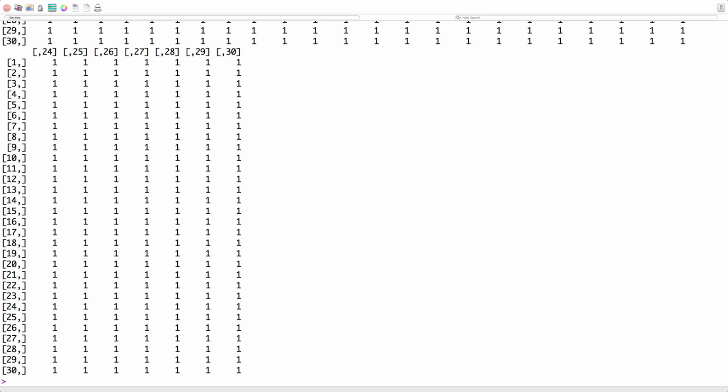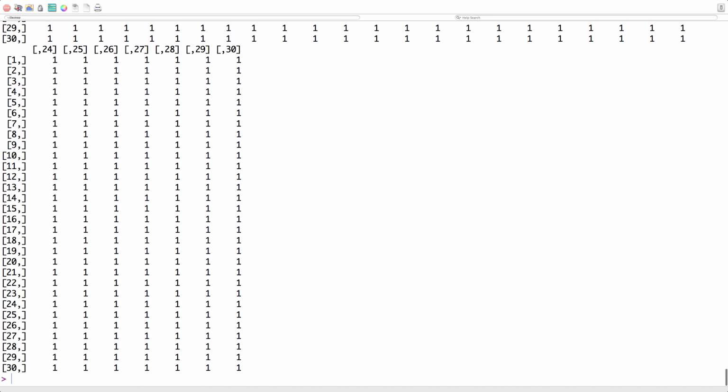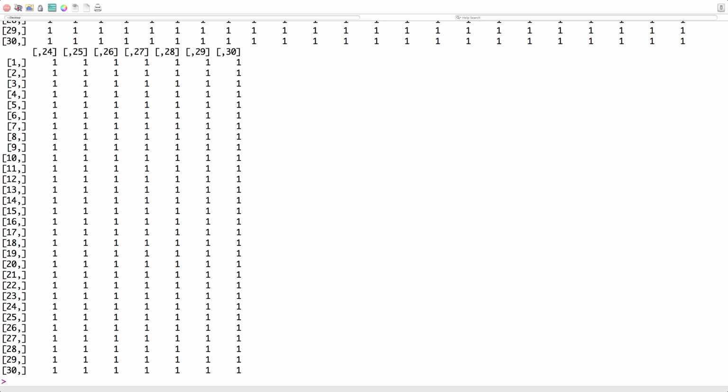So my J matrix is just this enormous n by n matrix of all ones.